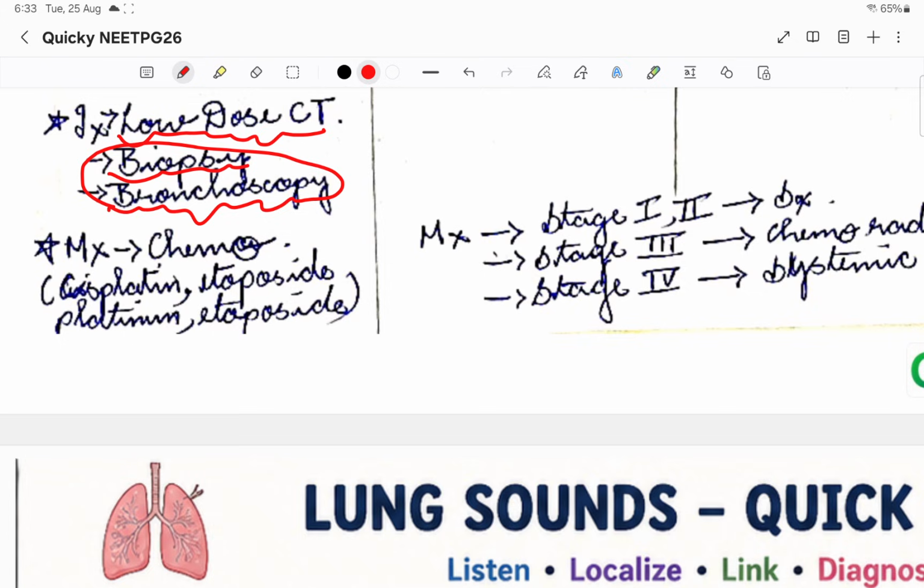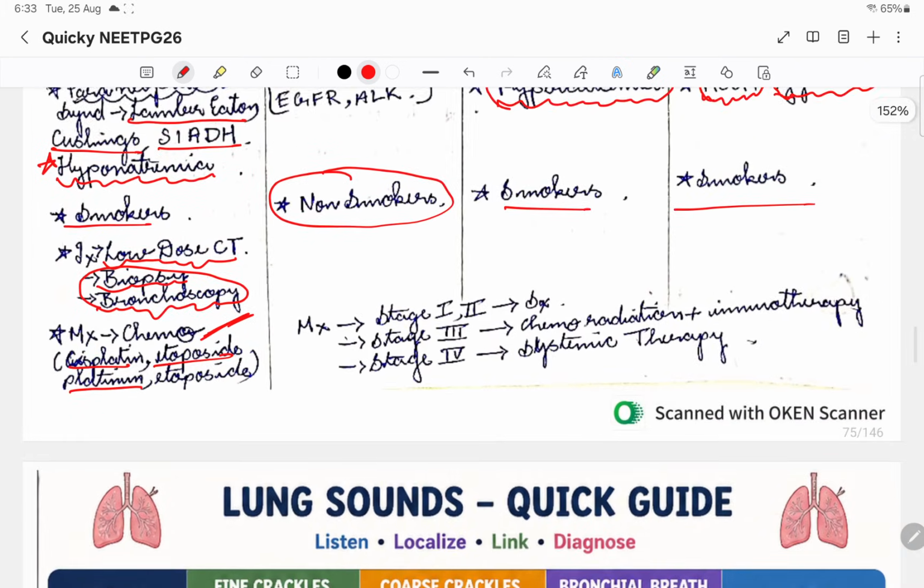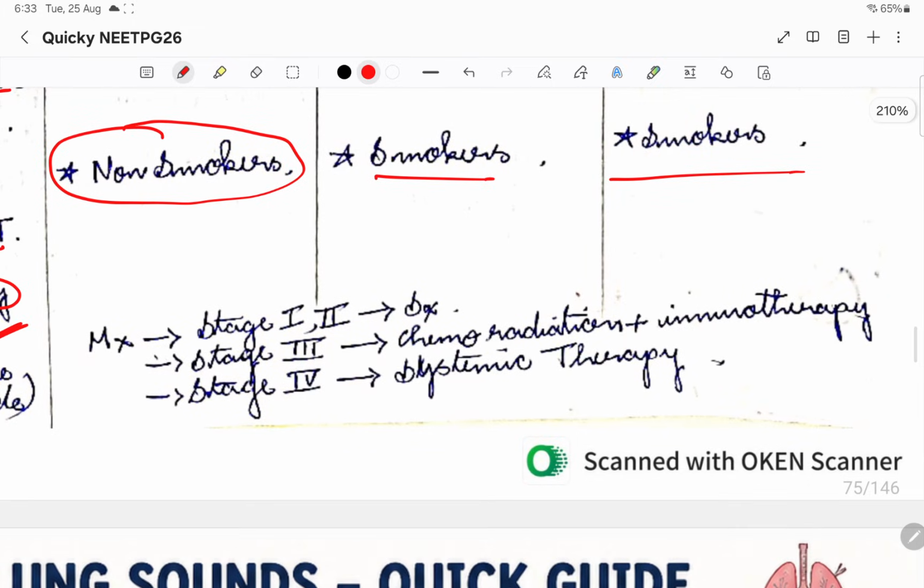So the mainstay of treatment is chemotherapy. Small cell carcinoma has a very bad prognosis. Platinum based therapy, cisplatin and etoposide, is what we give for small cell carcinoma. Whereas in non-small cell carcinoma, the mainstay of management is based on the stages. Here masses will be there, so we stage the masses and then manage.